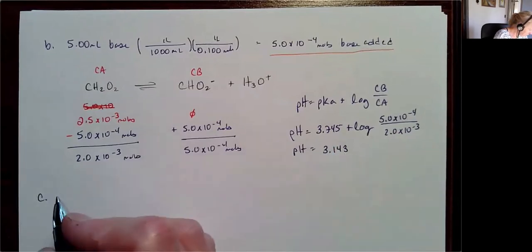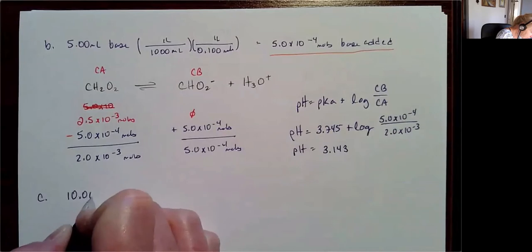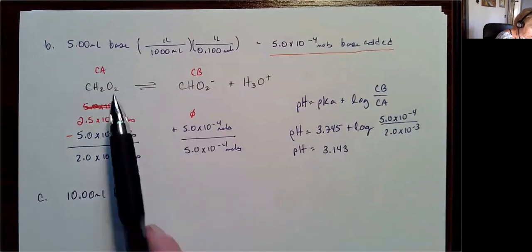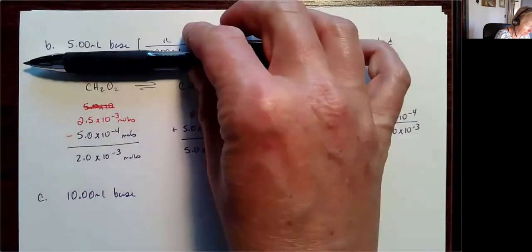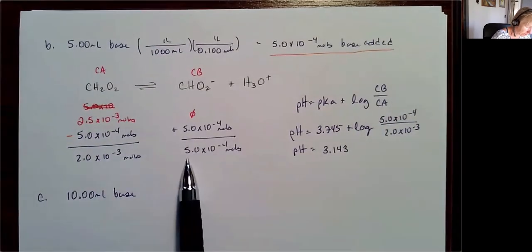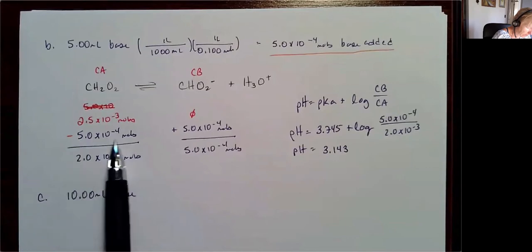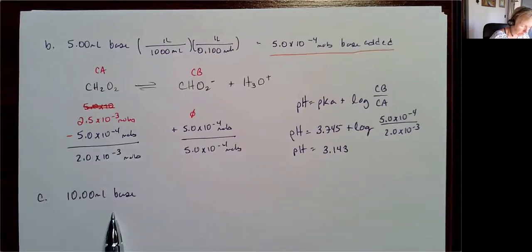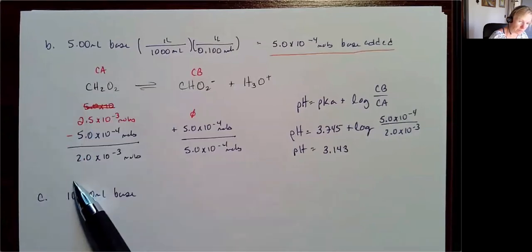Now my second point was what happens at 10 milliliters of base. And what I can do is I can just go back and assume that I haven't added in this 5 and do this calculation all over again. But now instead of this number of moles, I'm going to have the number of moles that would correspond to 10 milliliters of base, or I could just keep a running tally.